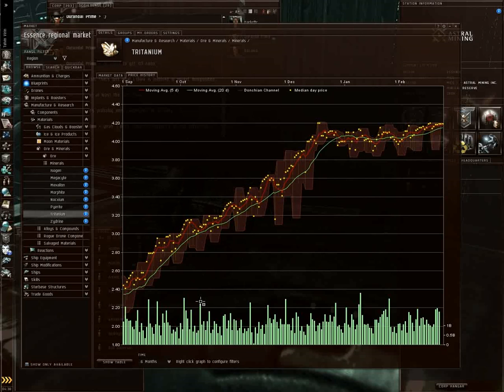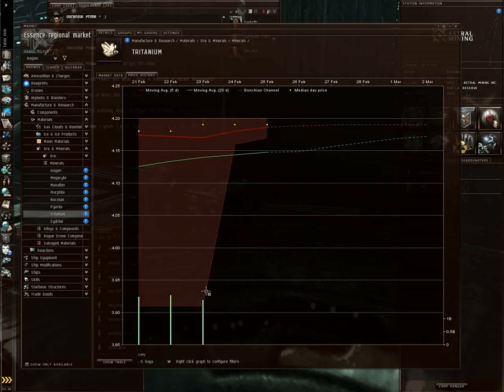Have we covered everything? I actually think we did. So what you want to do is always look at your red line, and that will be able to tell you the trend. We might just go do one last thing. Yeah. If you look at the shortest range of time, the 5-day range, you will be able to see a prognosis of where the Eve client, or where the trend is going, and it's giving you an idea that it might do something like this.